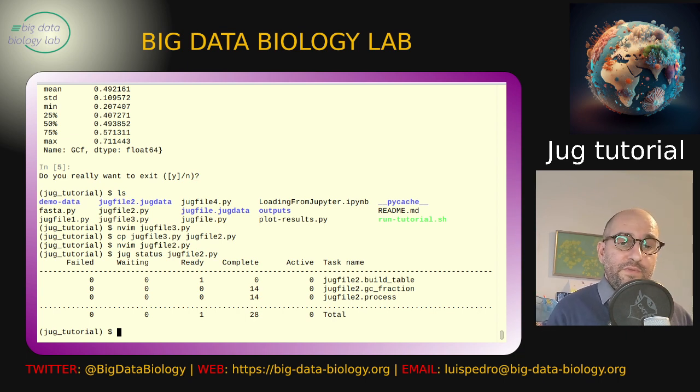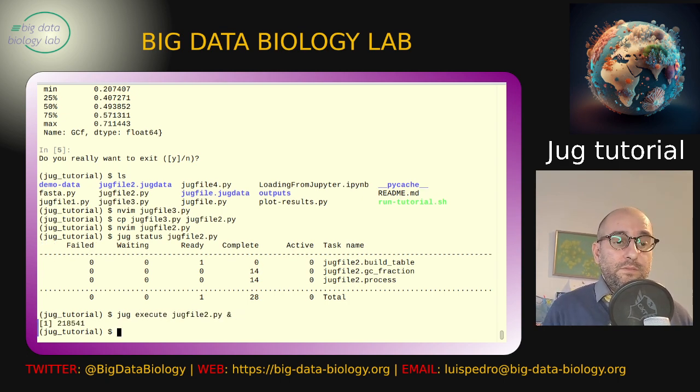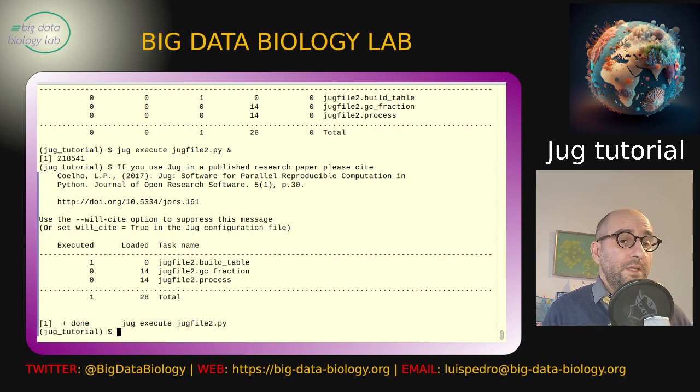And this is one of the advantages of jug, that as you're developing your analysis, if you add more steps, your pre-processing steps are already pre-computed and saved, and they can be reused. And so now if I just want to add one more step, it takes instantaneous. Again, this makes a lot more sense if you had thousands and thousands of CPU hours here, because now you could just add one more step.